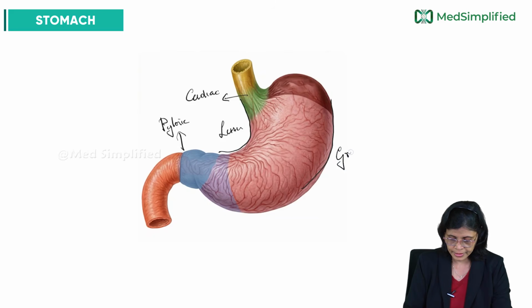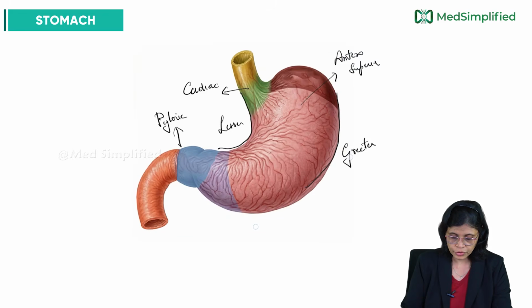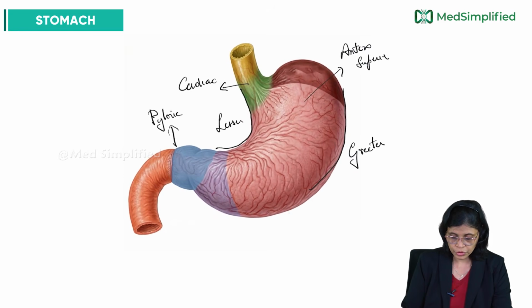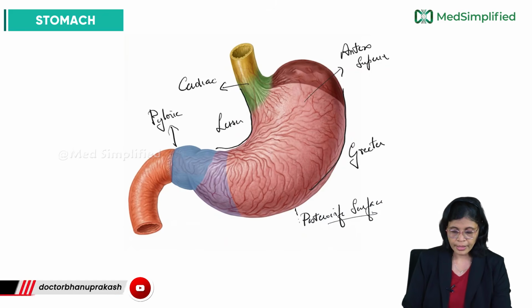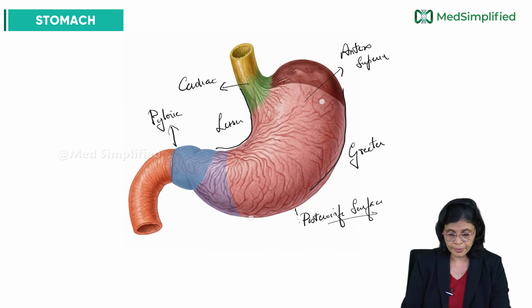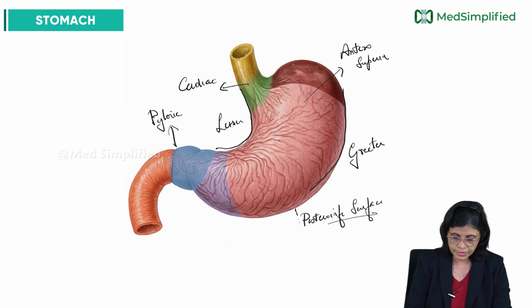And it will have two surfaces: the anterosuperior surface, and posteriorly, below, the posterior-inferior surface. And it is divided into three parts mainly, the fundus. So this is the fundus part.